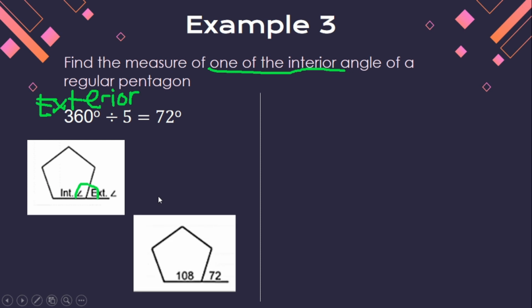So, therefore, in this illustration, sabi, isa daw sa exterior ay 72. So, sabi natin, di ba, ang linear pair ay supplementary. So, therefore, if 72 to, yung kapares niyang interior angle is 108 degrees. Okay, so therefore, masasabi natin na one of the interior angle of a regular pentagon is 108 degrees.